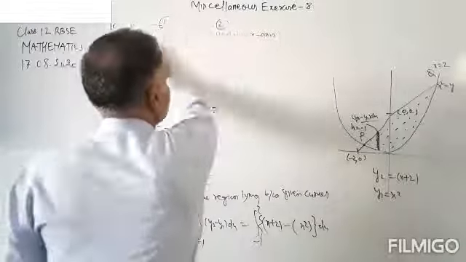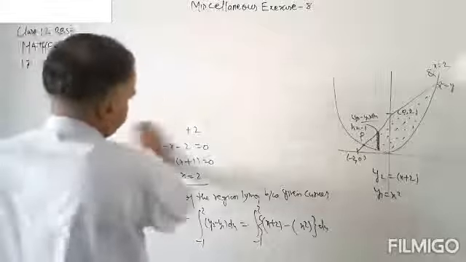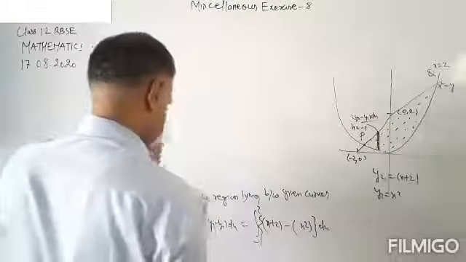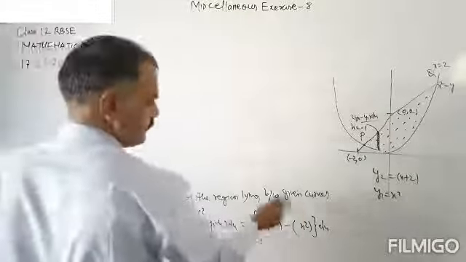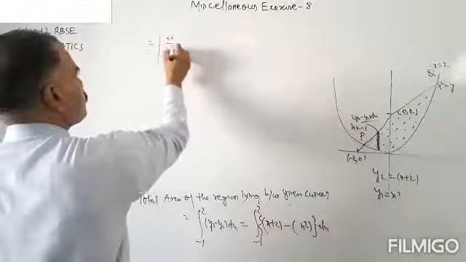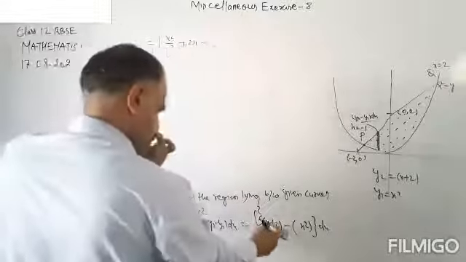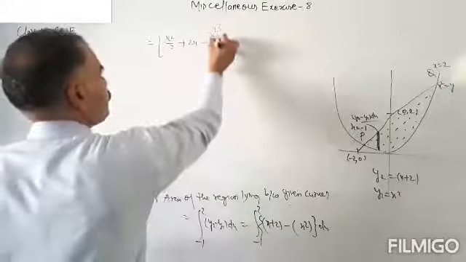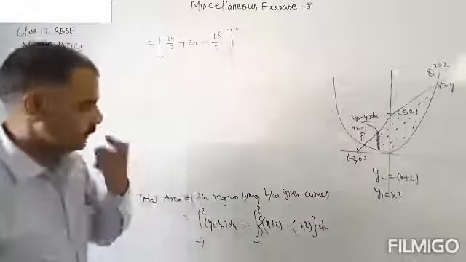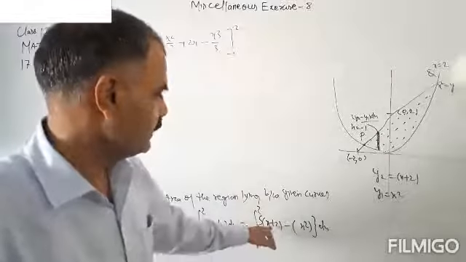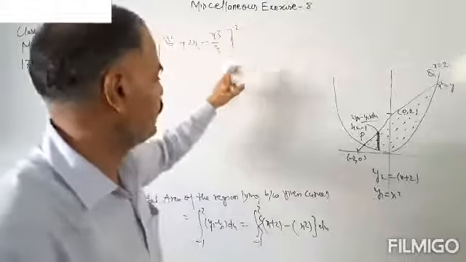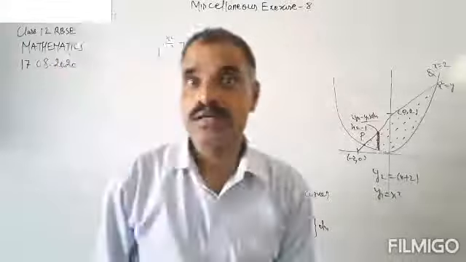Okay, now we have to solve this. After integrating, this equals x square upon 2 plus 2x minus x cube upon 3, with limits from minus 1 to 2, which is the total area.